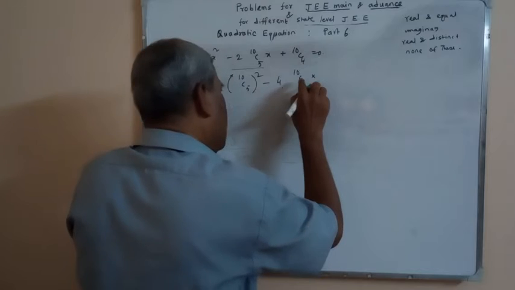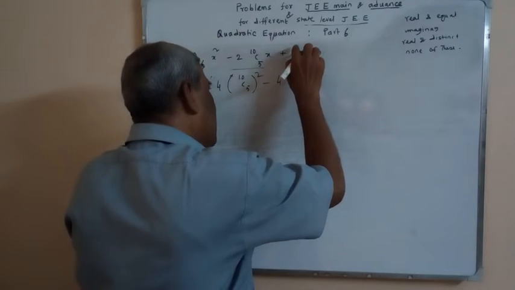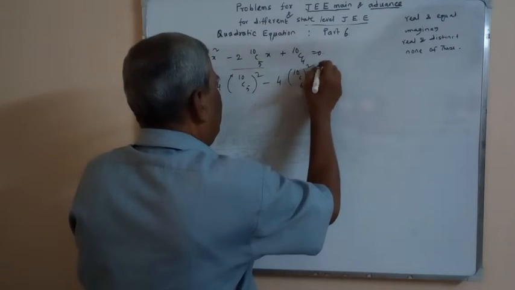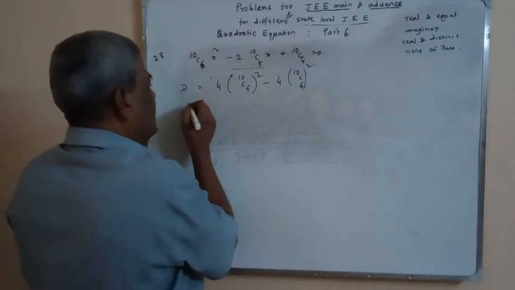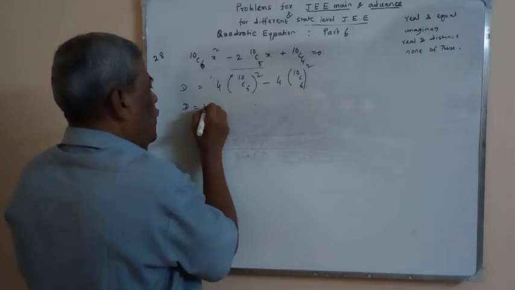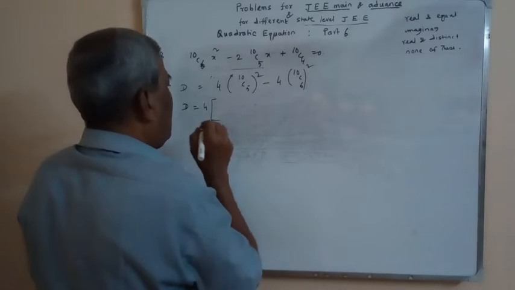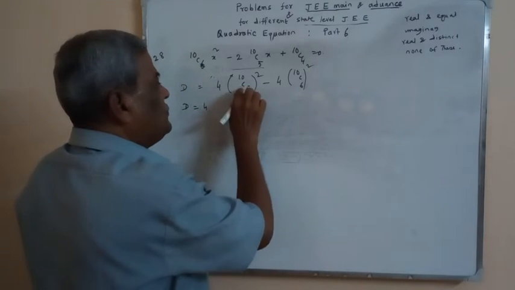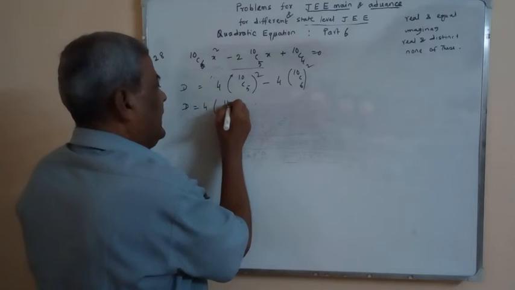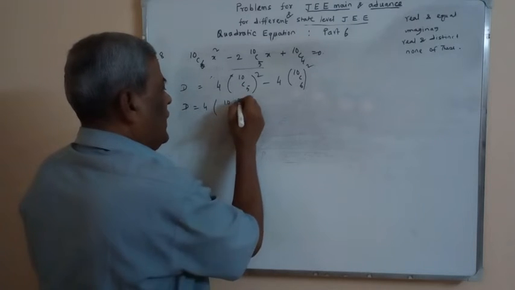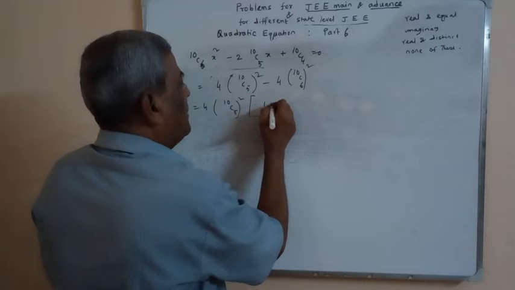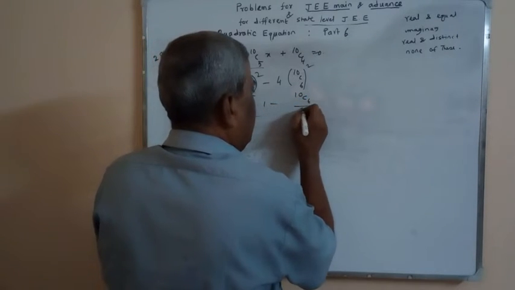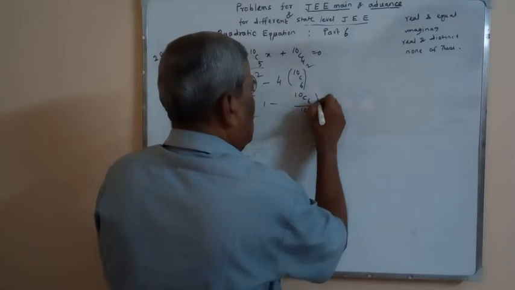But 10c4 is nothing but 10c(10 minus 6), that is 10c6. So that D is equal to 4 into, now take 10c5 whole square common, 10c5 whole square into 1 minus (10c6 by 10c5) whole square.